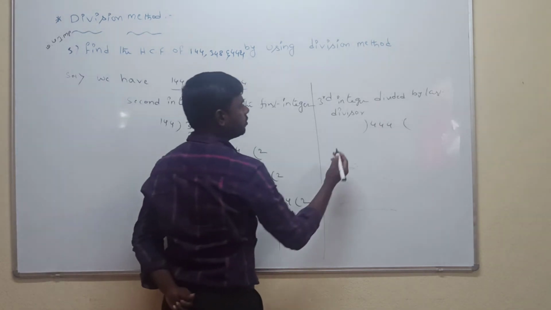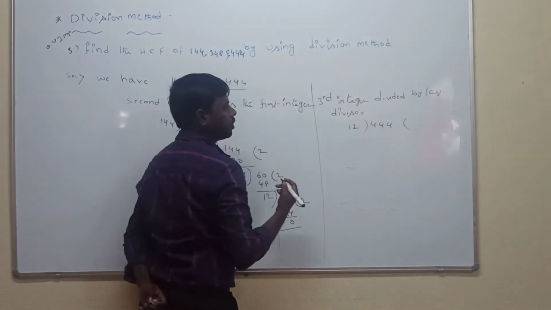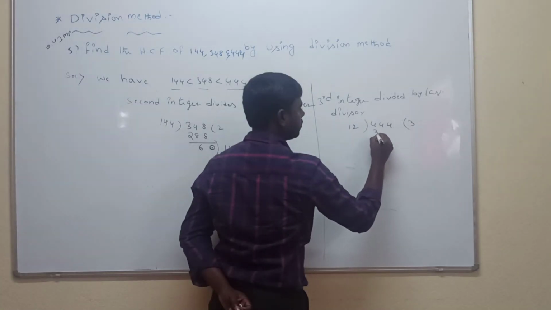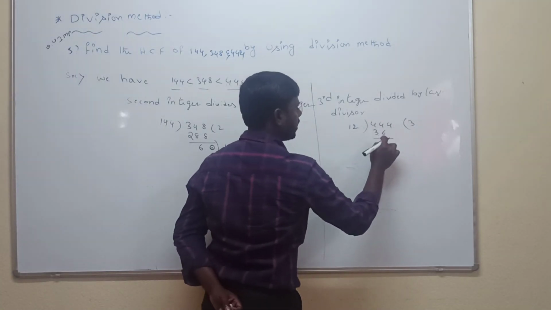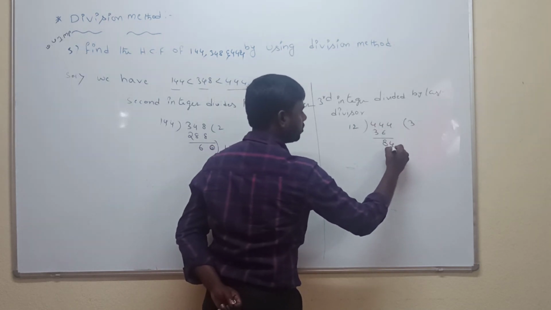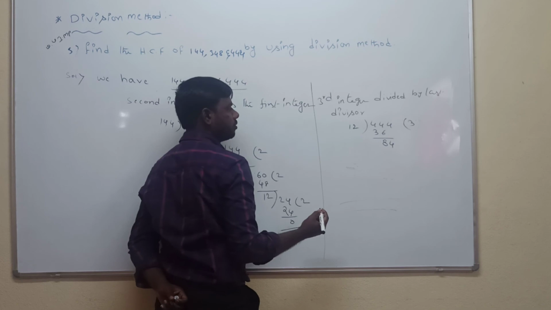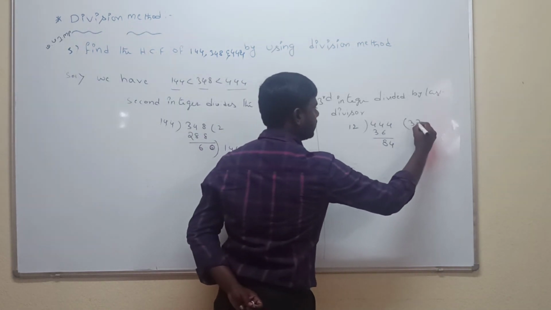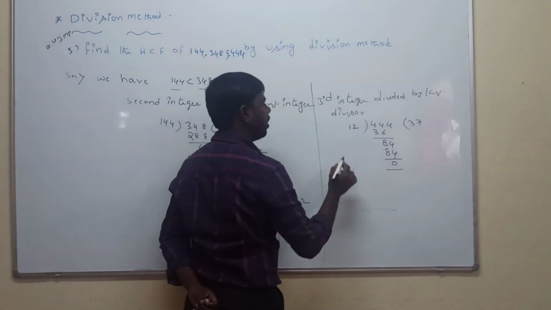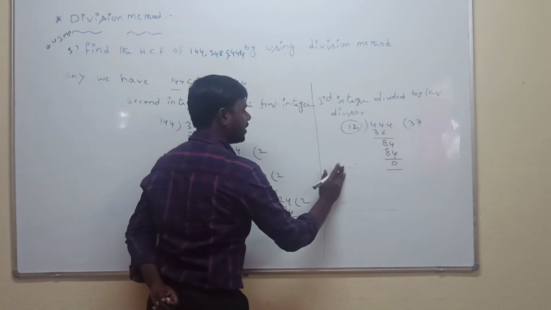It is 12. So 12 times 3 is 36. Now 44 minus 36 is 8, take down 4. So 12 times 7 is 84. The final remainder will be 0. Then the last divisor is called HCF.